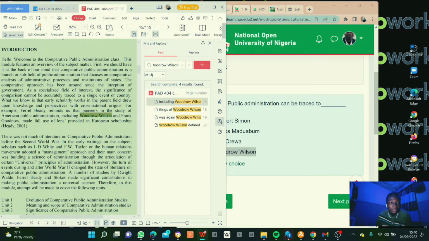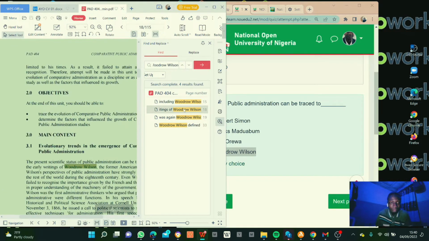What we know in this early scholarly work is that early scholarly works in the parent field drew upon knowledge and perspective with cross-national origins. For example, Farrell Eddy reminds us that pioneers in the study of American public administration, including Woodrow Wilson and Frank Goodnow, made full use of the lens provided. Okay, it's not what we are looking for. Let's keep going.